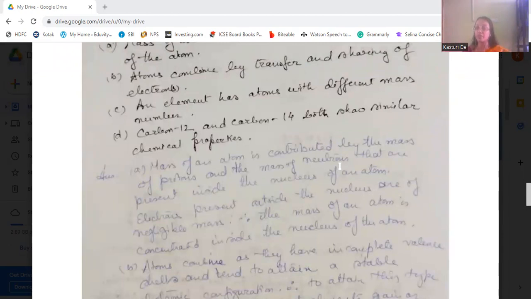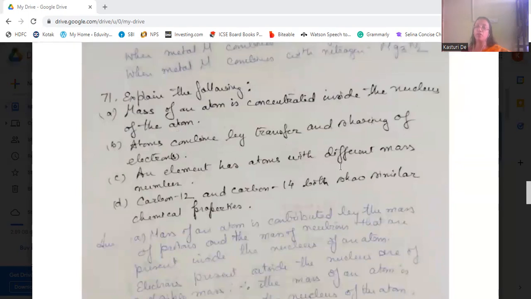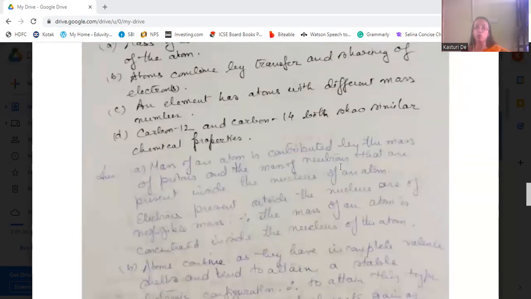So both of them are present in the nucleus, and the mass of those two gives the mass of the atom. As the protons and neutrons remain at the center of the atom, the mass is concentrated there in the nucleus of the atom.